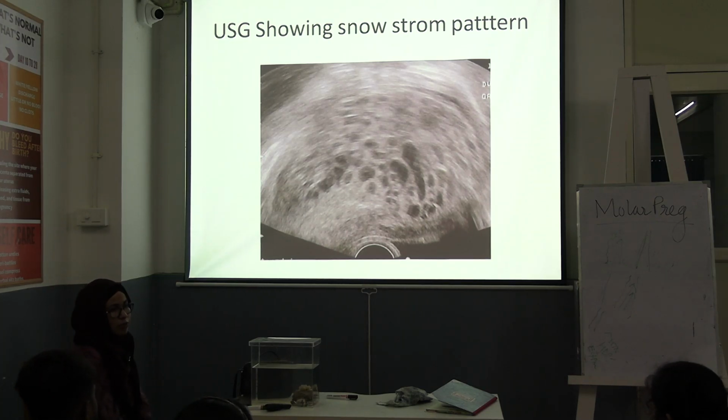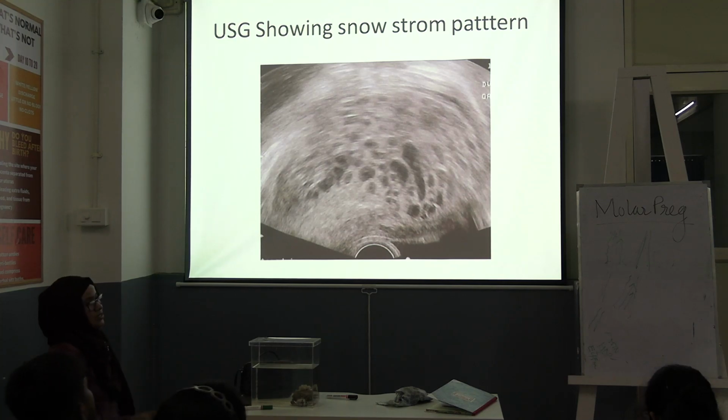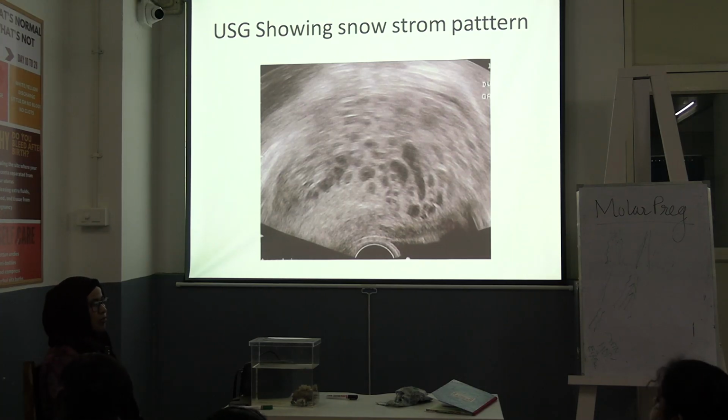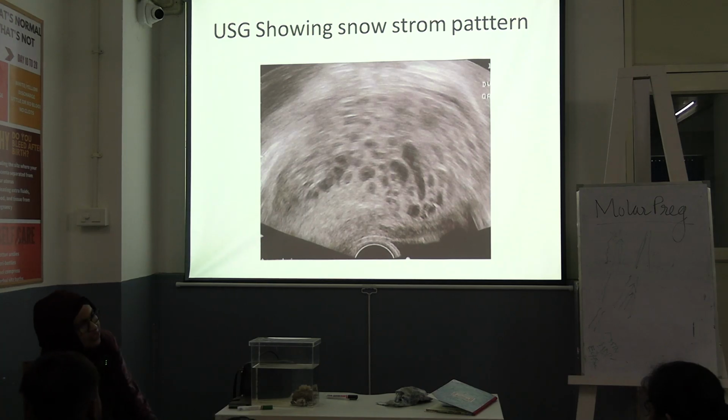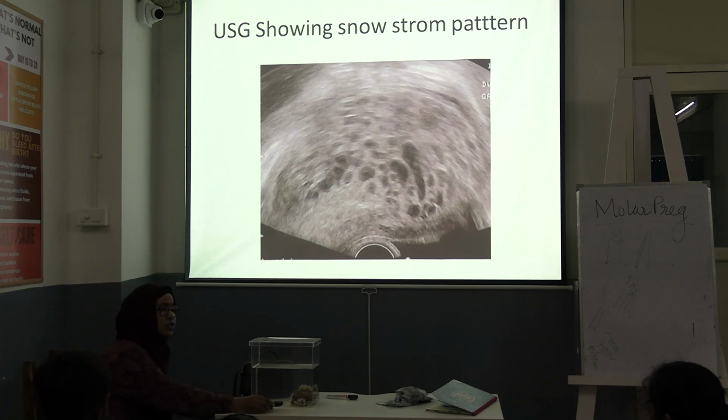That's the same used here, but the regimen is different. So the main management is suction evacuation in almost all cases. In partial molar pregnancy, obviously medical management can be used because the fetal tissue is a main part. But in complete molar pregnancy, we normally don't give misoprostol.